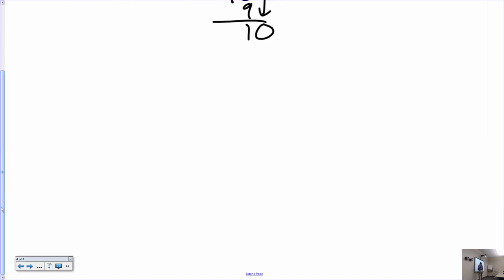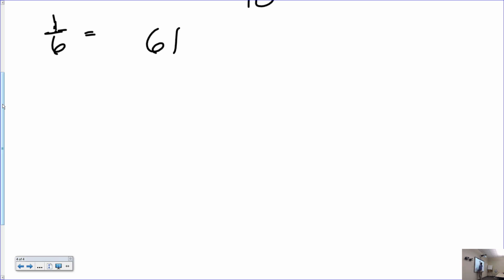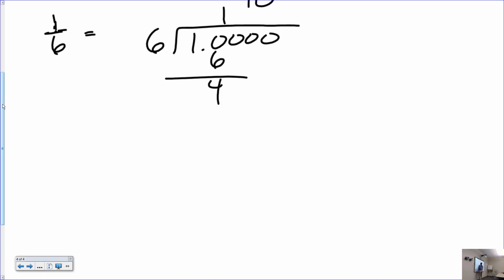So, let's do another one. Let's do 1/6. We don't do anything differently, right? How many times does 6 go into 10? Once. 1 times 6 is 6. 10 minus 6 is 4. Drop the 0 down. Keep going.